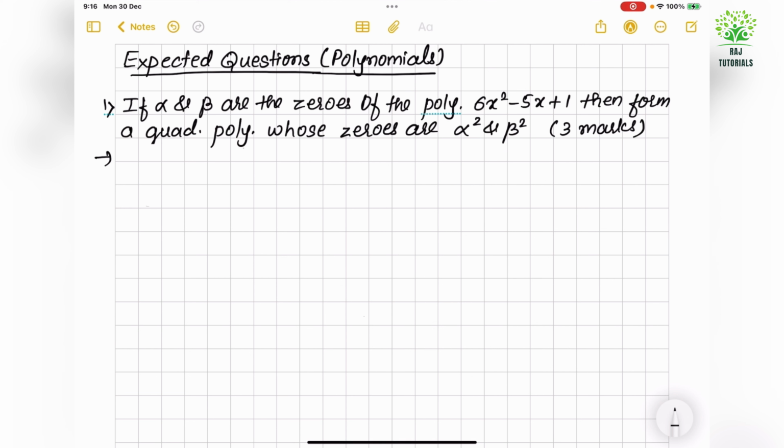Now moving ahead, the quadratic polynomial whose zeros are alpha square and beta square will be x square minus sum of zeros into x plus product of zeros.